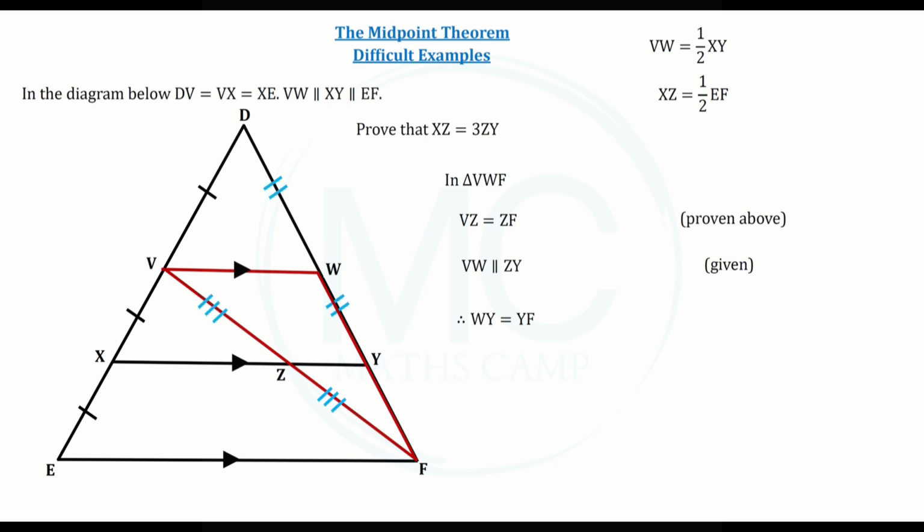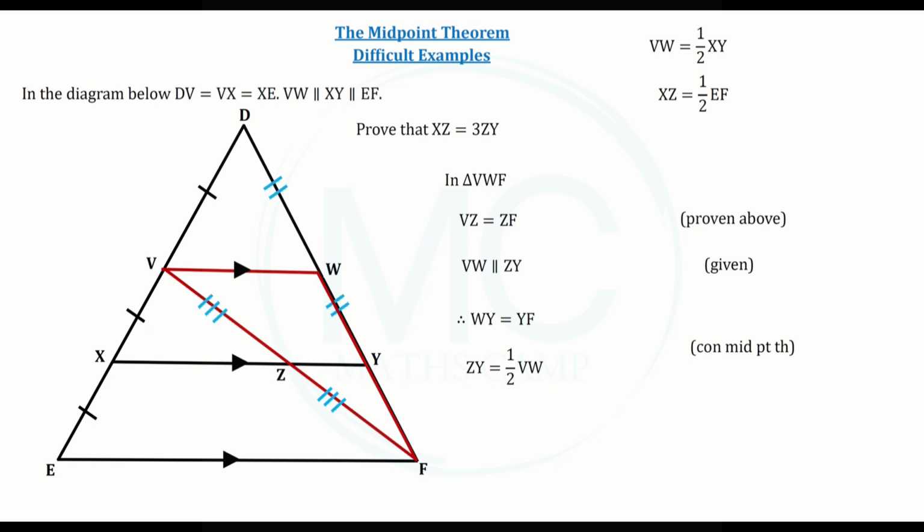We can also see that ZY must be equal to half the length of VW because Z is the midpoint of VF and Y is the midpoint of WF. And as our reason, we say the converse midpoint theorem.